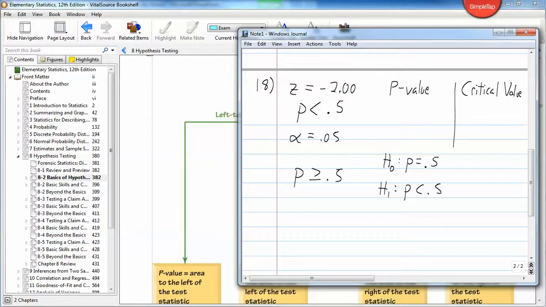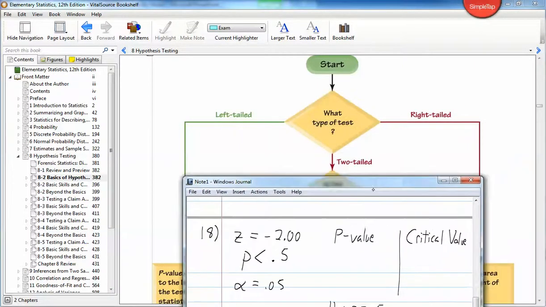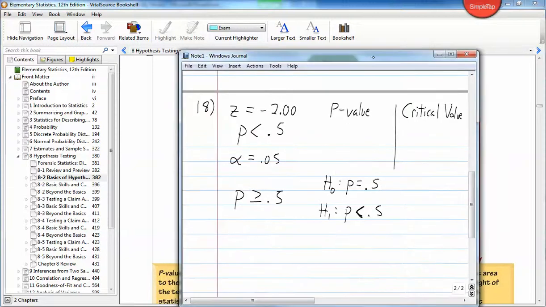All right. So the alternate hypothesis tells us whether our test is left-tailed, right-tailed, or two-tailed. Since the alternate hypothesis was less than, this is a left-tailed test. Less than, left-tailed. Greater than, right-tailed. Not equal to is two-tailed.